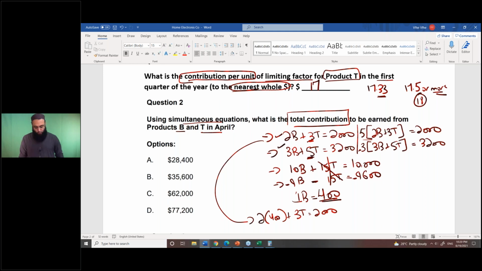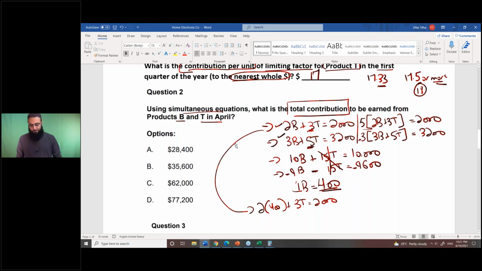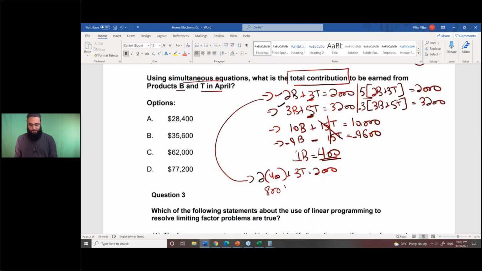So that's 800 plus 3t equals 2000, and you will further simplify this. Further simplification will give you the answer that you can quickly work out here. Yes, please. Tell me the answer.